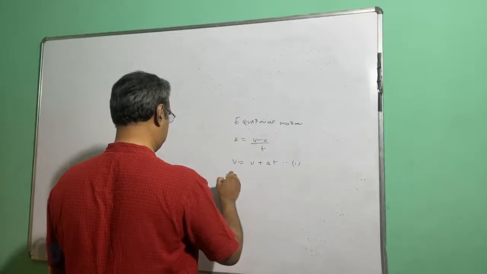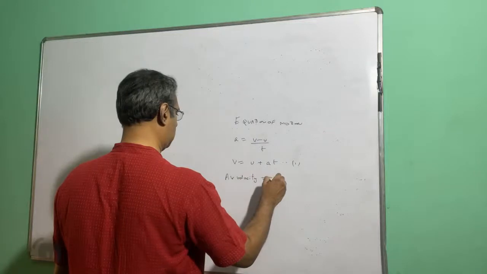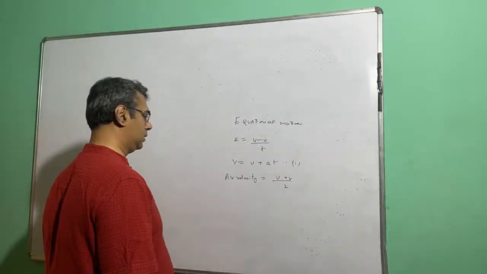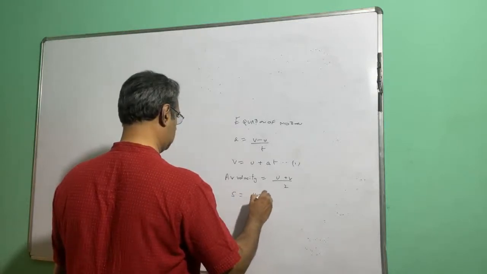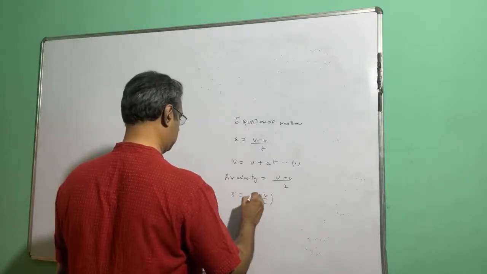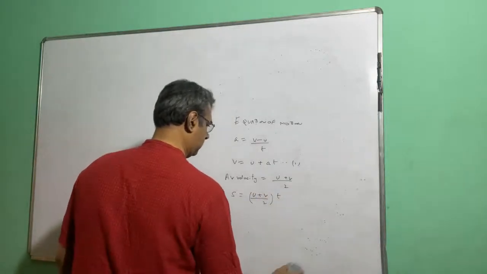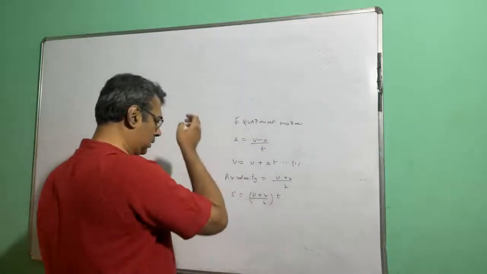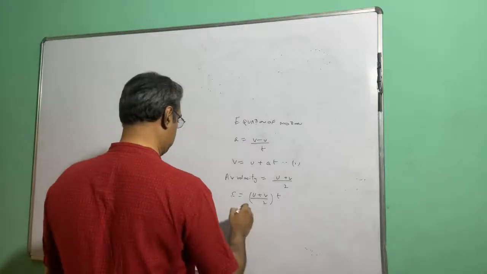Another thing is that average velocity is u plus v by 2. So displacement is average velocity into time, so u plus v by 2 into time.